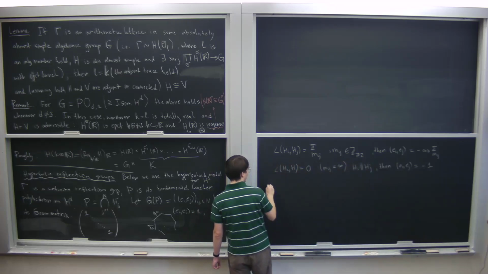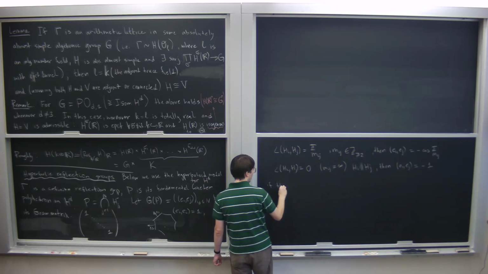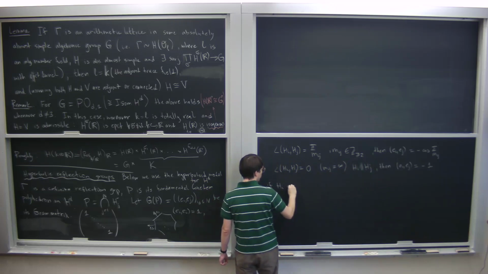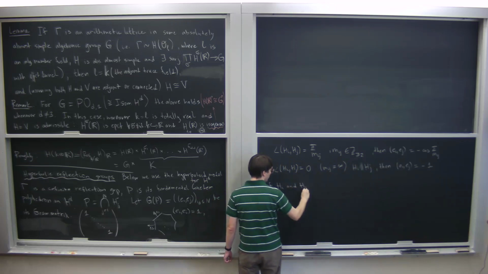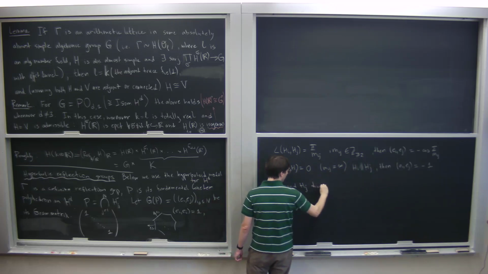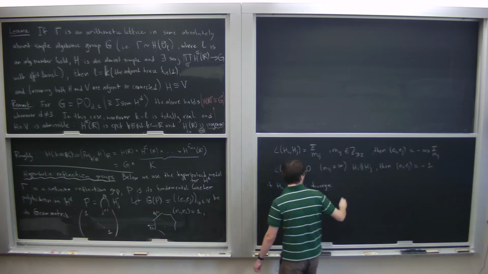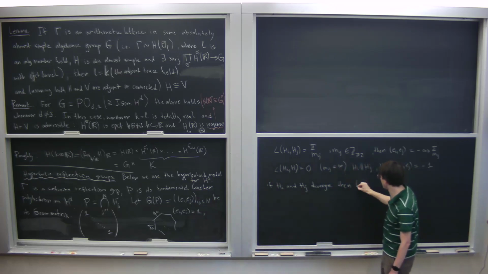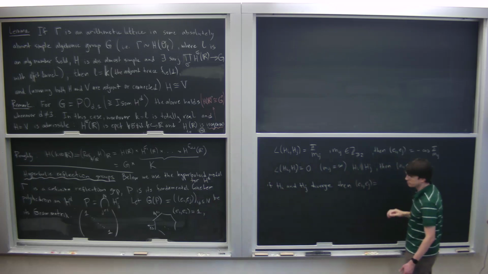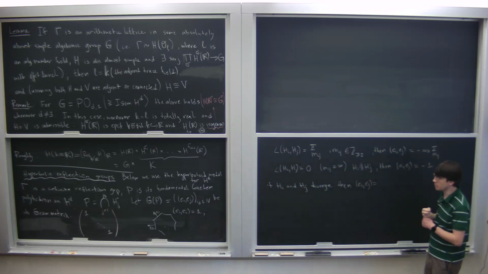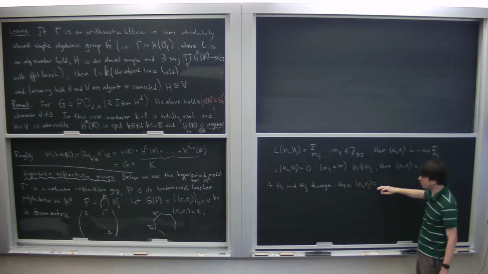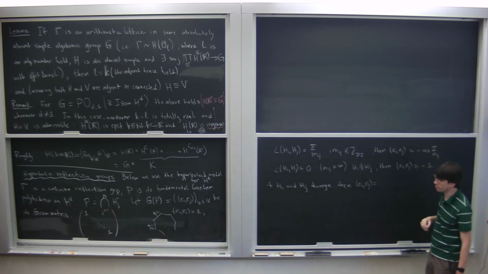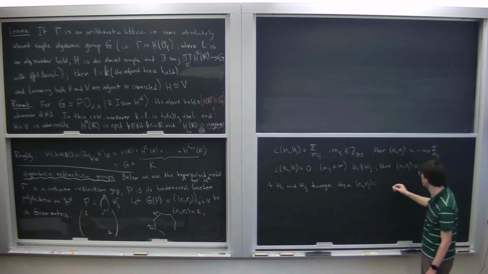Finally, if h_i and h_j diverge, then the associated number is kind of the standard metric fact from hyperbolic geometry.